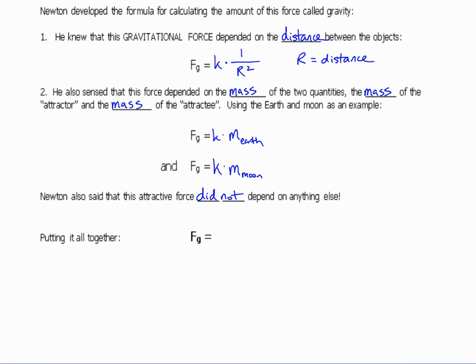So putting it all together, the force of gravity equals, so here's K, it's a constant, the mass of the Earth, let's just say ME, times the mass of the moon, divided by the square of the distance.